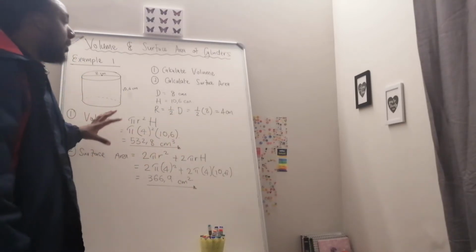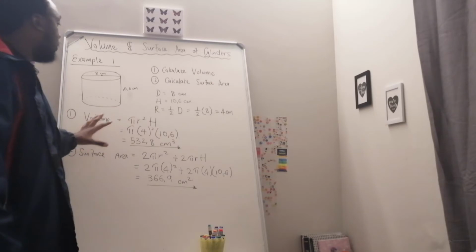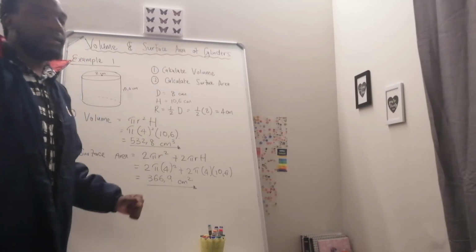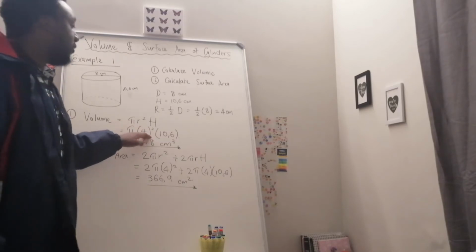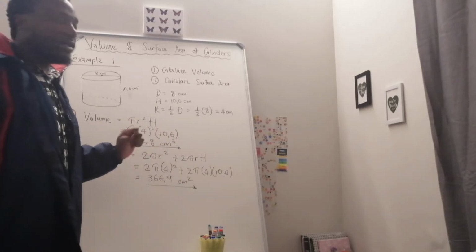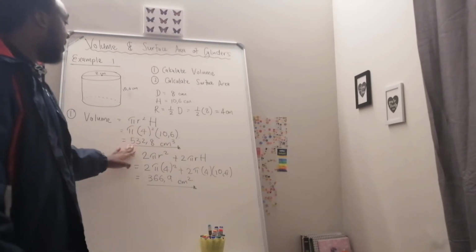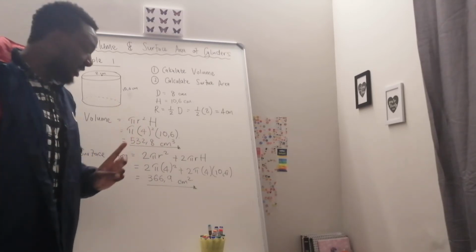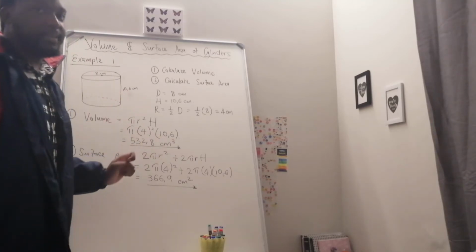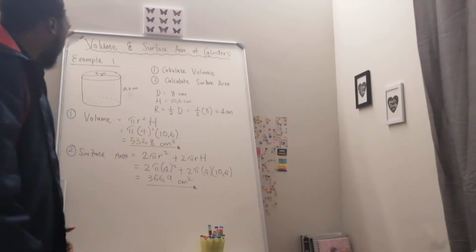Then you can start by solving volume. Volume is pi r squared times the height. So I substitute 4 for my radius, I square it, then I multiply with the height. And the result is 532.8 centimeters cubed. Cubic centimeters. It's volume, right?